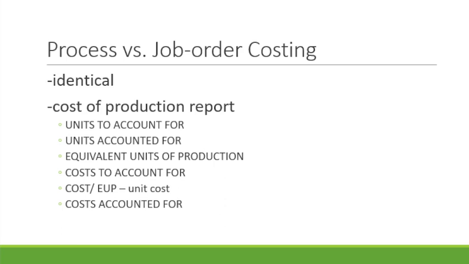So therefore, under the first in first out method, this is one big difference between the weighted average method is that kapag FIFO method ka, ang kukunin mo lang na numerator on your cost per EUP is the cost added this month.